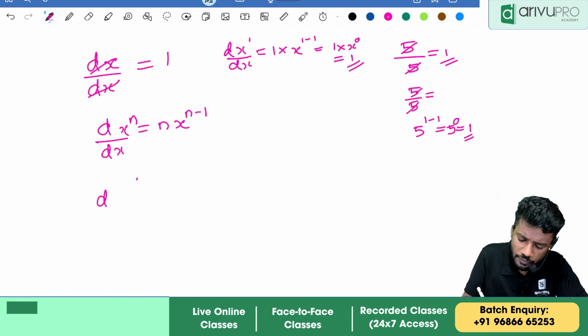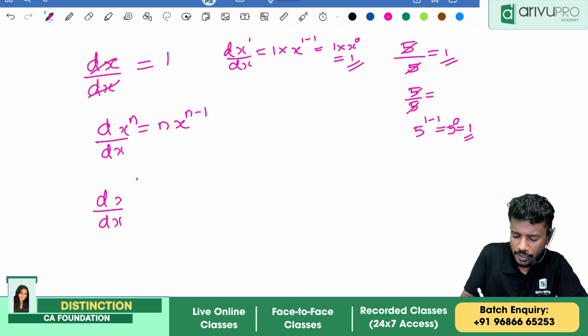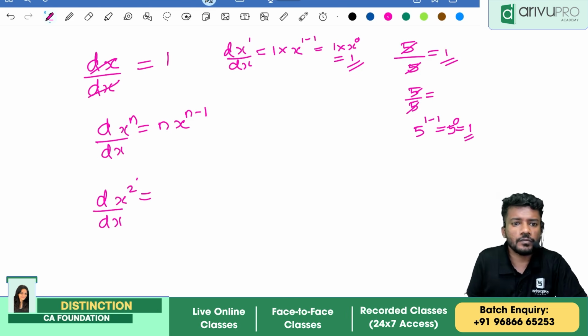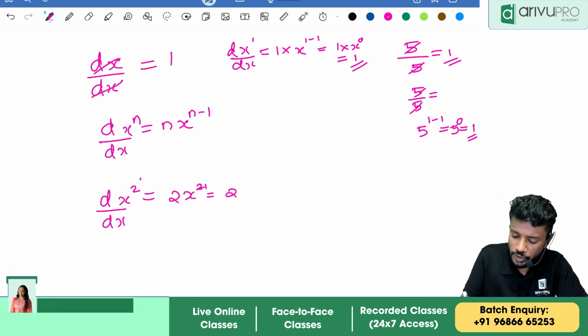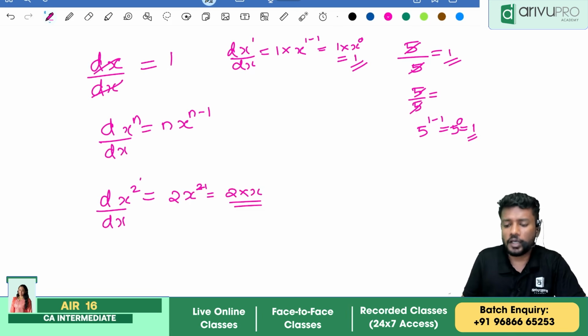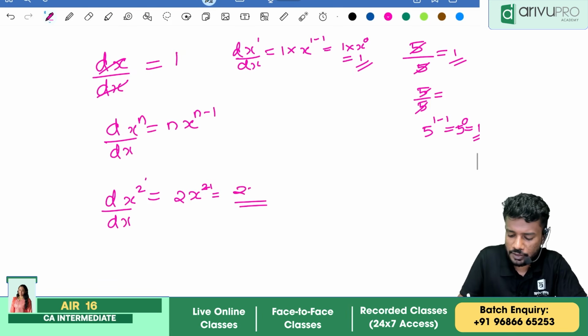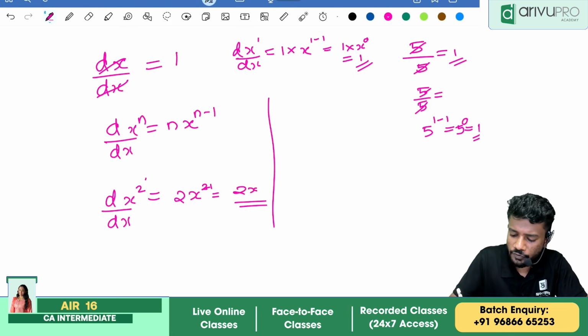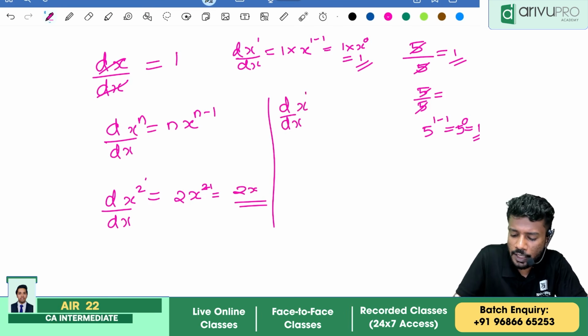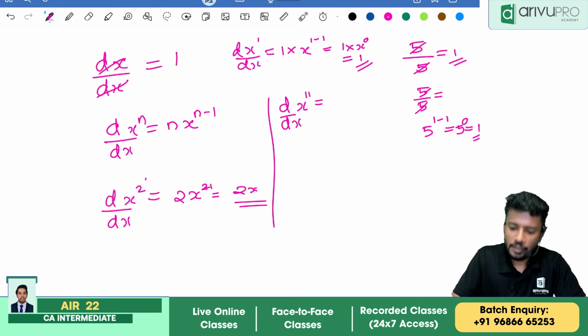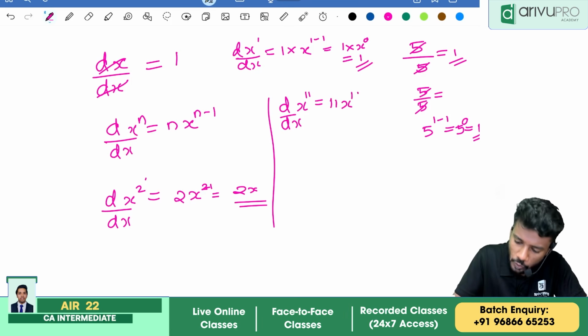Now, what is the derivative of x square then? 2 into x raised to 2 minus 1. That is how much? 2 into x raised to 1. 2x, or we will write it as 2x. Now, what if I ask you, what is d by dx of x raised to 11? 11 x raised to 10.